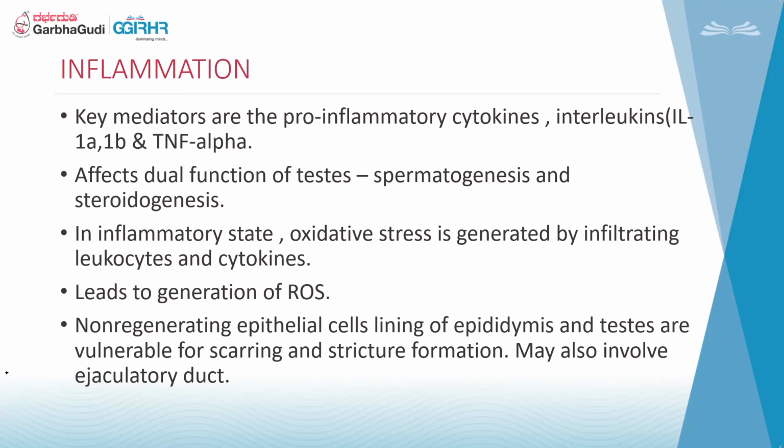In inflammatory states, oxidative stress is generated by infiltrating leukocytes and cytokines, and it leads to overproduction of reactive oxygen species, and the epithelial cells lining the epididymis and the testes are vulnerable to scarring and stricture formation, and may also involve the ejaculatory duct.